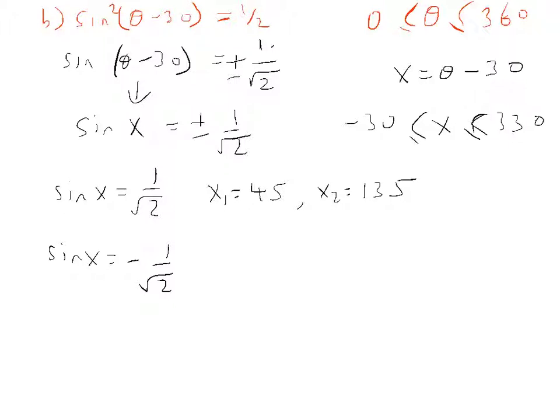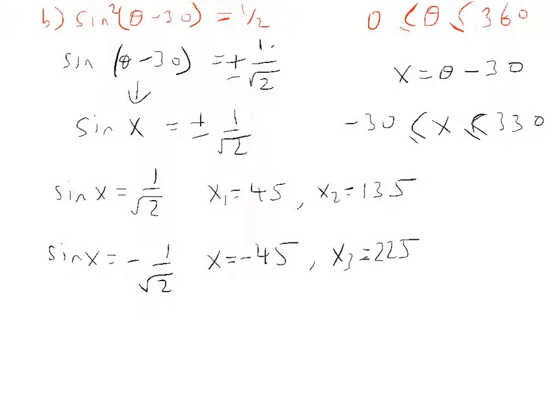For the minus 1 over square root of 2, if we put that in a calculator, we should get minus 45. That's obviously not within our range, and so we could do 180 minus minus 45, and that will give us our third value, which is 225.